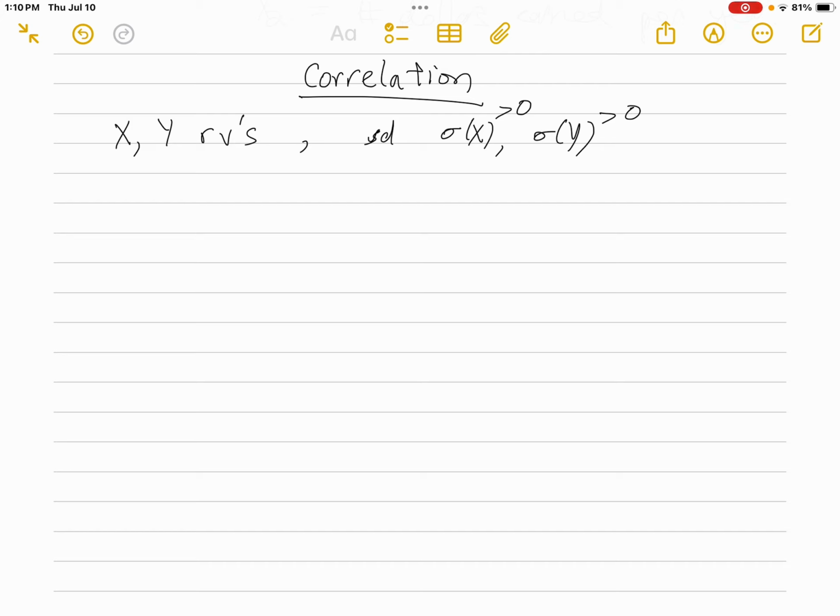When you have this situation, we define the correlation between x and y, and sometimes it's called rho, but I'm just going to write COR because there are too many symbols. So the correlation of x and y is defined to be the covariance of x and y divided by the standard deviation of x times the standard deviation of y.